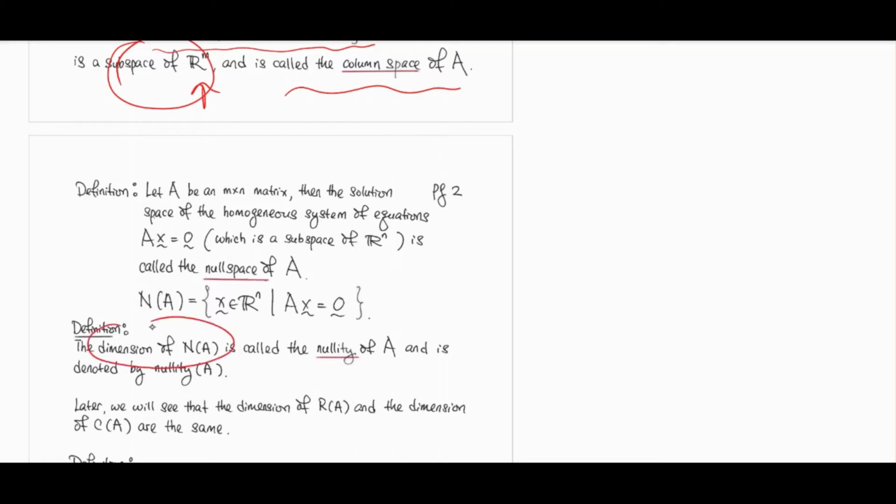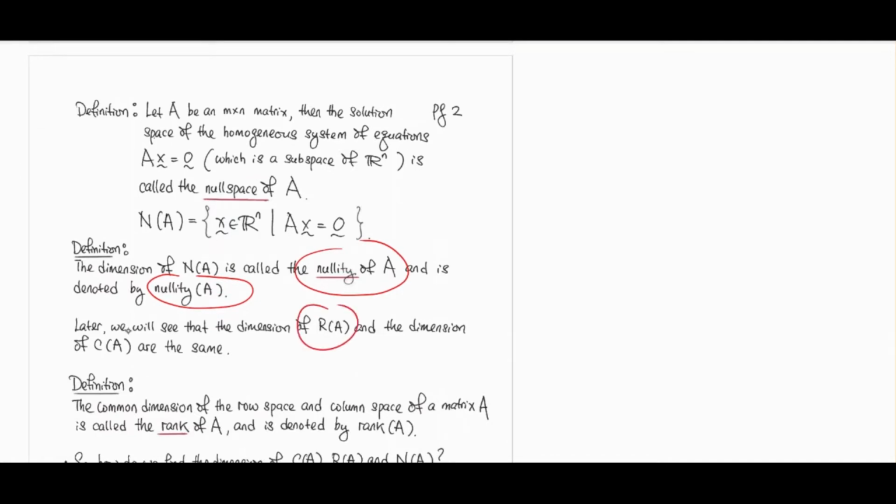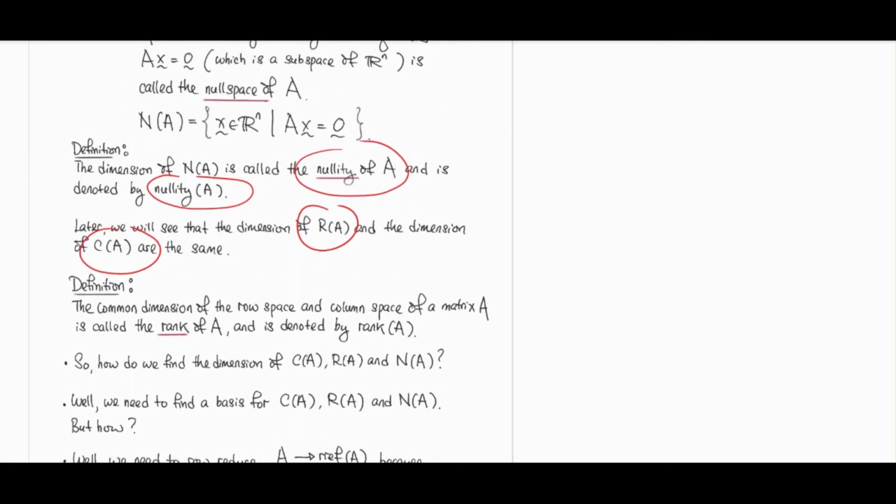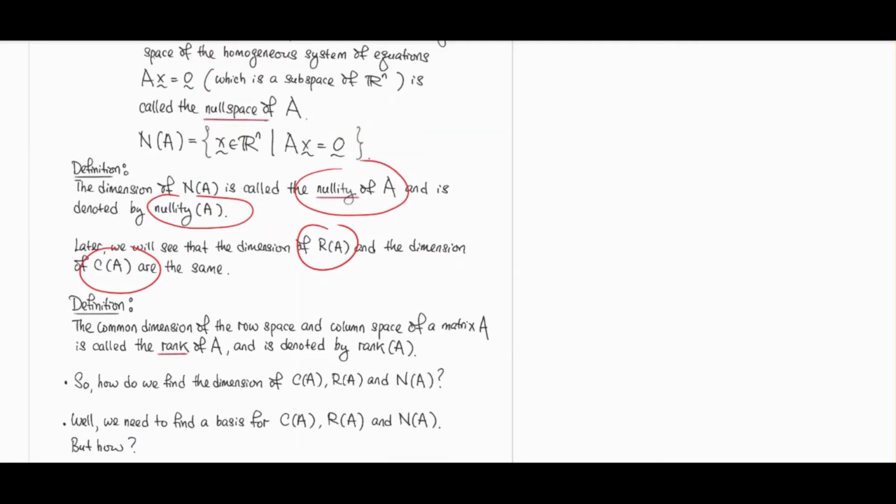The dimension of the null space of A is called the nullity of A, and it is denoted by this notation right here. We'll see later on that the dimension of the row space of A and the dimension of the column space of A are the same. This common dimension of the row space and the column space is known as the rank of a matrix.